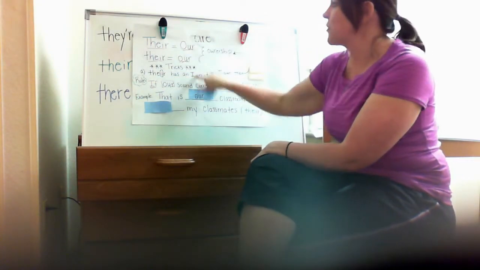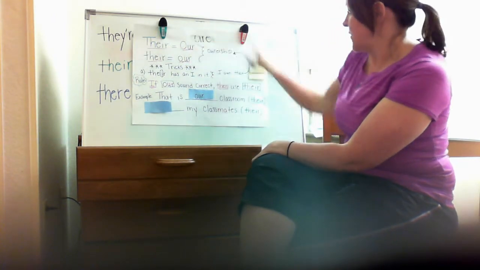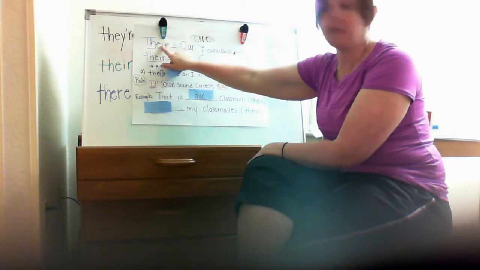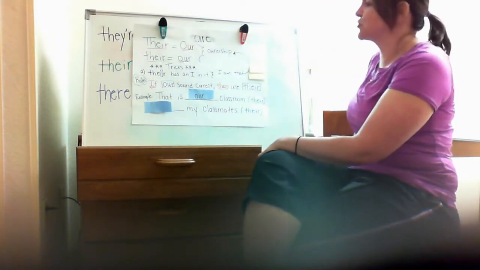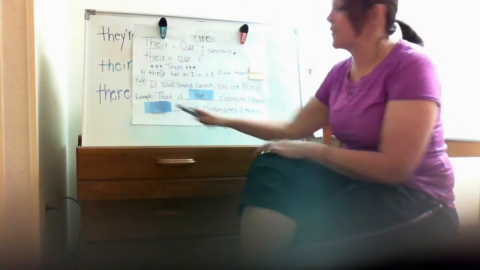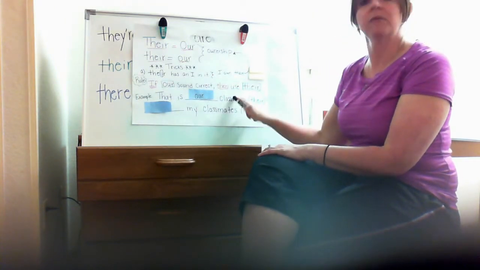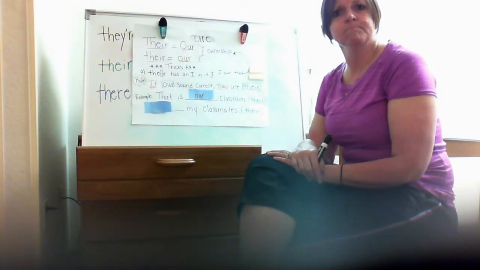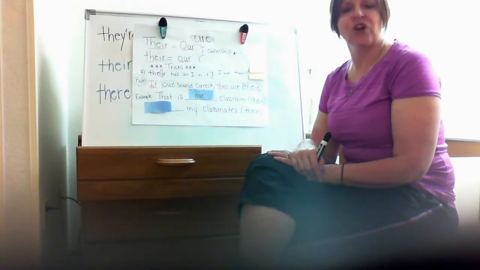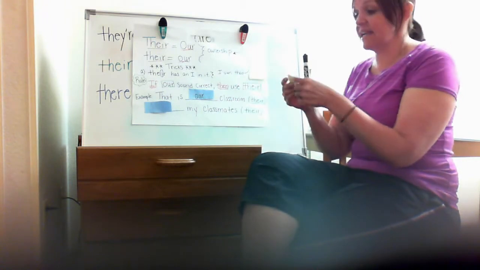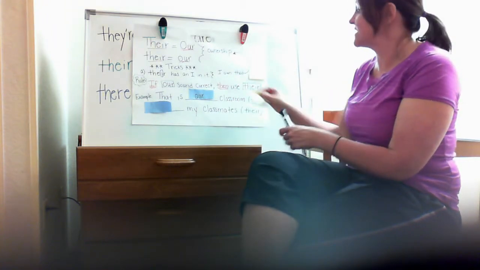That is, we're going to go up here. That is, we have their at the end, T-H-E-I-R. So I'm going to go look up here at my rule, our. So let's try that. Let's read together. Get ready. That is our classroom. Does that one make sense? That is our classroom. I am hearing yes, and that sounds perfect.